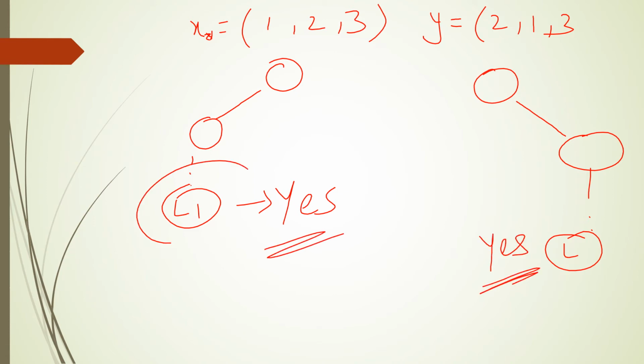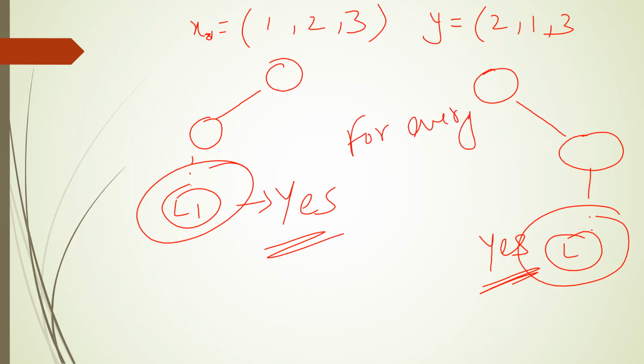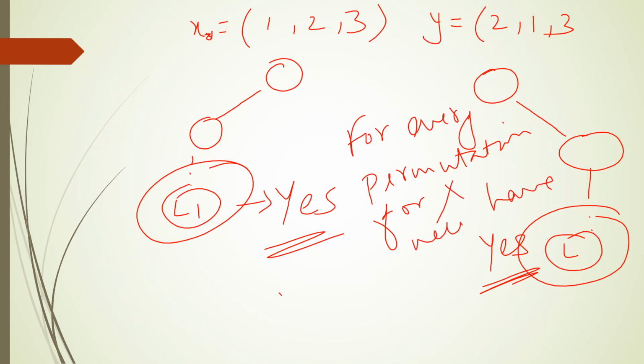So when this happens, for every permutation of x, we have a different path. So how do we prove this? This is our next topic.